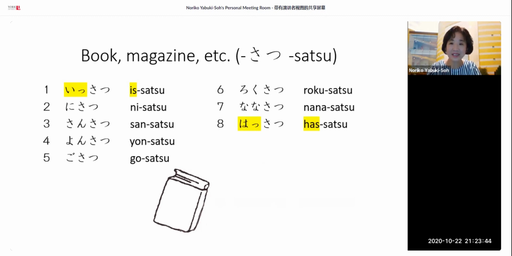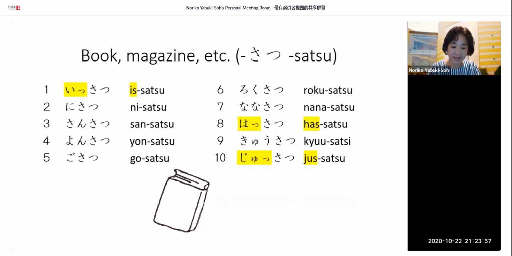Instead of hachisatsu, we say hassatsu. 9冊. And another irregular one, 10冊. Instead of jusatsu, double consonant S, please, jissatsu. And how many would be 何冊?